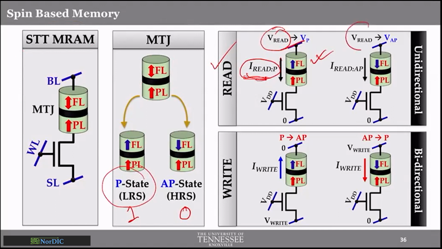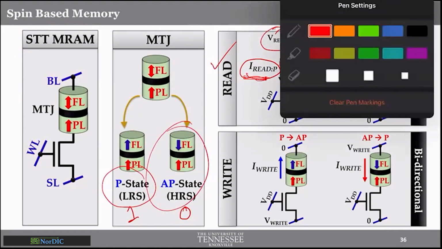For the same voltage, V_read, if you had an anti-parallel MTJ, you would have had higher resistance, so you'll have a lower current. Let's call that I_read,AP. So you have two levels of currents. You can just sense the level of current. If it is higher than a certain value, 1, lower than a certain value, 0. Done. That's how you sense.